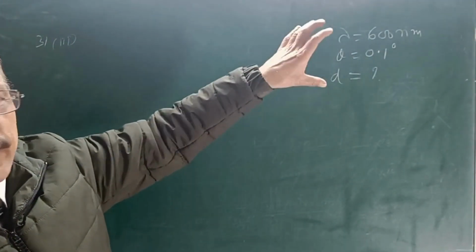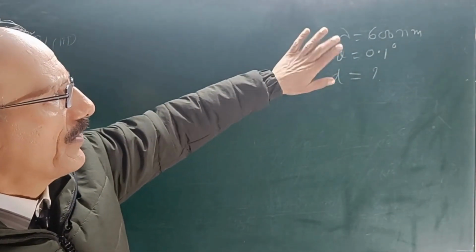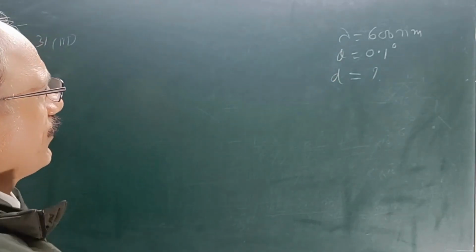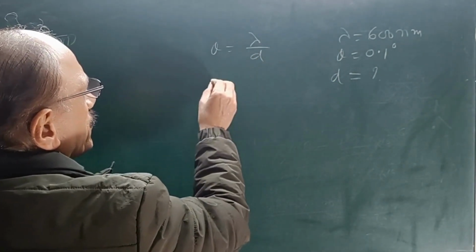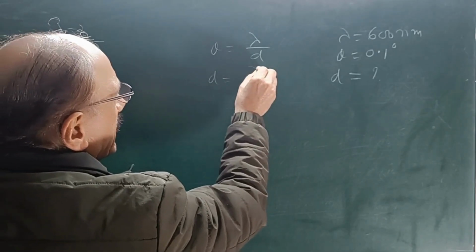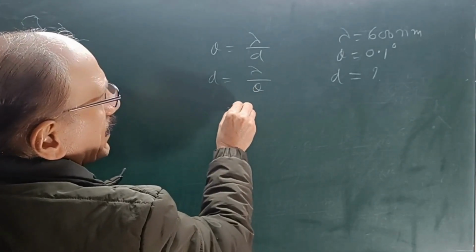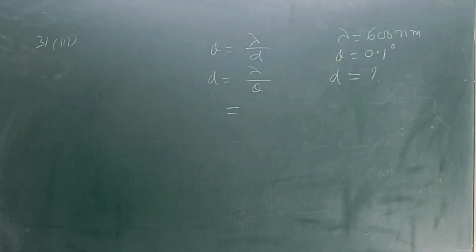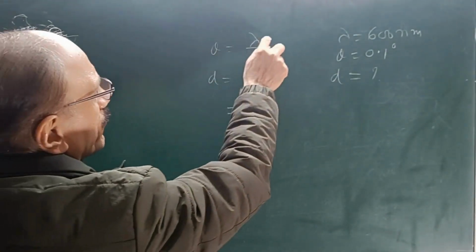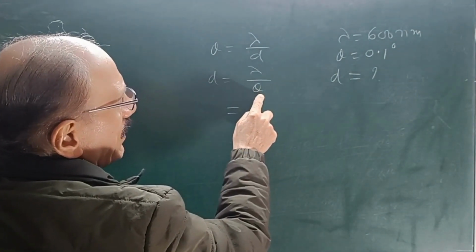Lambda is given, theta is the angular spread. We know that theta equals lambda by d, so d will be equal to lambda by theta.